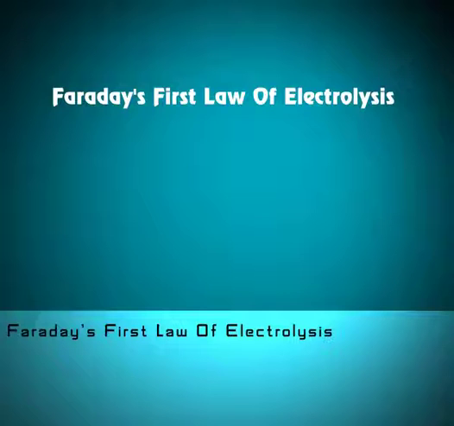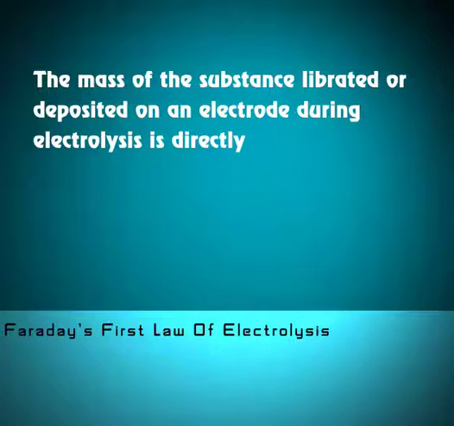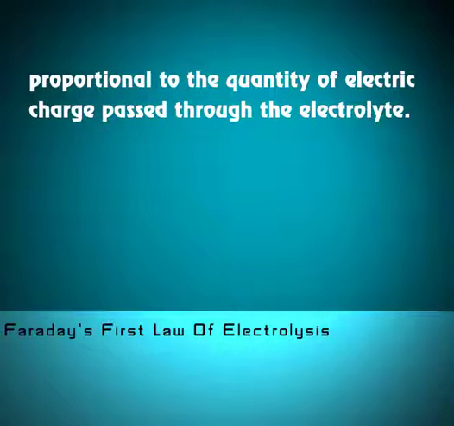Faraday's first law of electrolysis. The mass of the substance liberated or deposited on an electrode during electrolysis is directly proportional to the quantity of electric charge passed through the electrolyte.